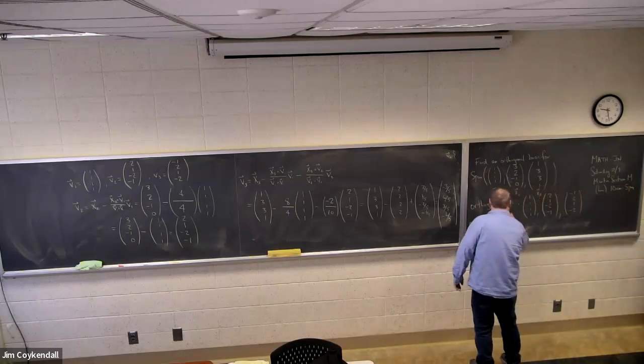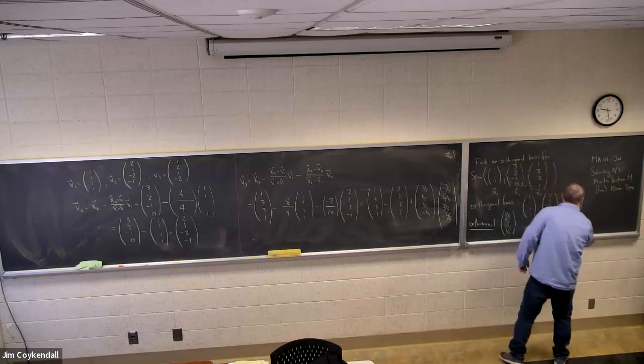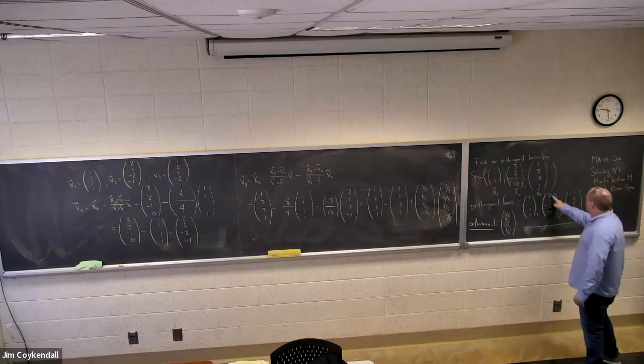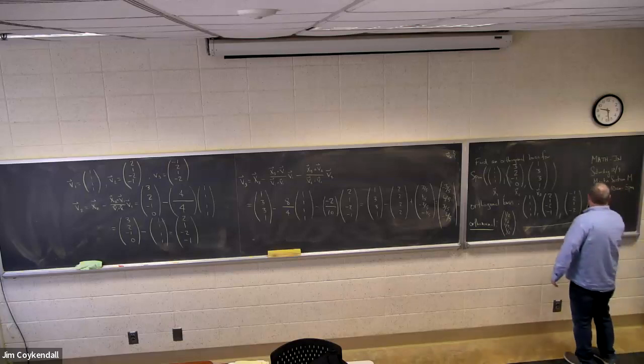This one has length radical 10. Those are 2 over radical 10, 1 over radical 10, minus 2 over radical 10, minus 1 over radical 10.